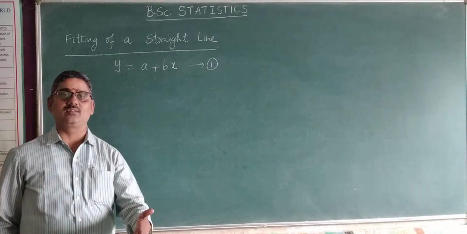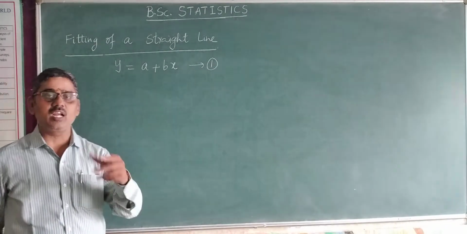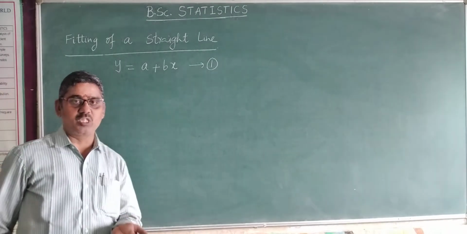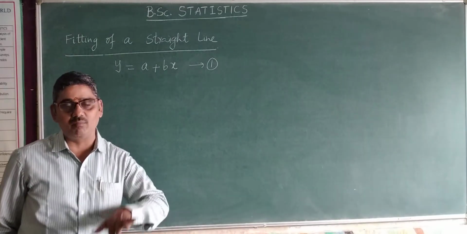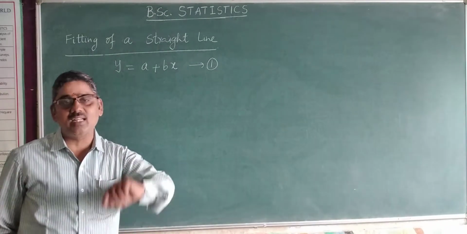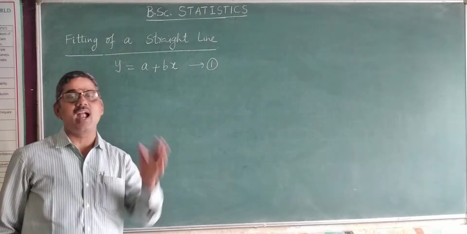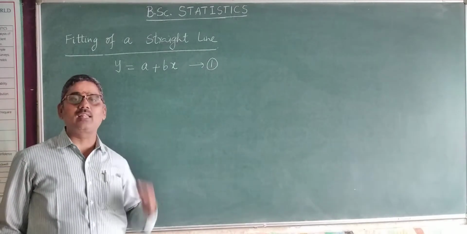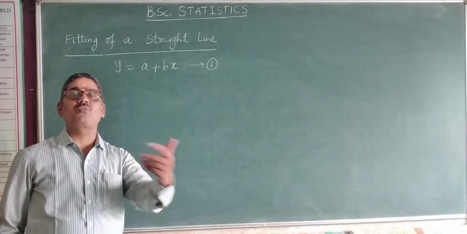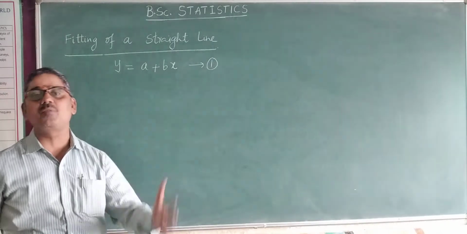The principle of least squares. That is the reason why we use curve fitting and the principle of least squares. The principle of least squares is one such method, applied by minimizing the sum of the squares of the deviations from the actual values to the estimated values, so that you get the best fit of this straight line. The best straight line is going to be obtained.